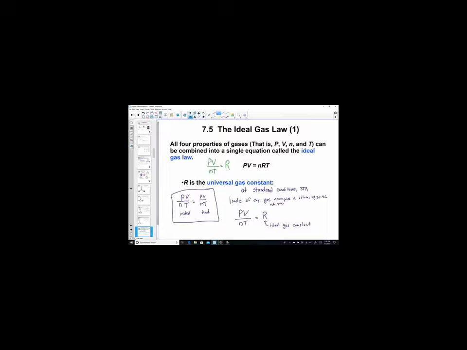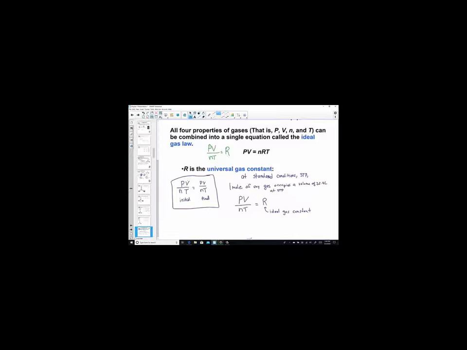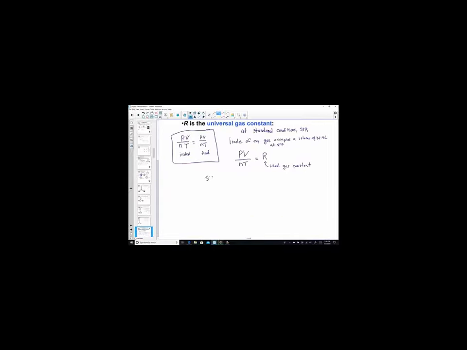So let's say at standard conditions, STP, we know that's 1 atmosphere, and we know that's 273 Kelvin. I also know that STP can be measured with 760 as the measurement for millimeters of mercury. I mean, I just know that there's more than one pressure unit. Let's use STP and solve for R, the ideal gas constant.